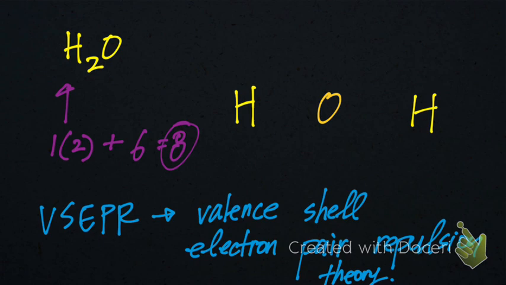Valence shell electron pair repulsion theory. This theory states that electrons, what charge are electrons, by the way? They're negatively charged, right? And remember what I said about even the orbitals? They don't want to be in the same box, do they? If they're allowed, like Hund's rule, right?